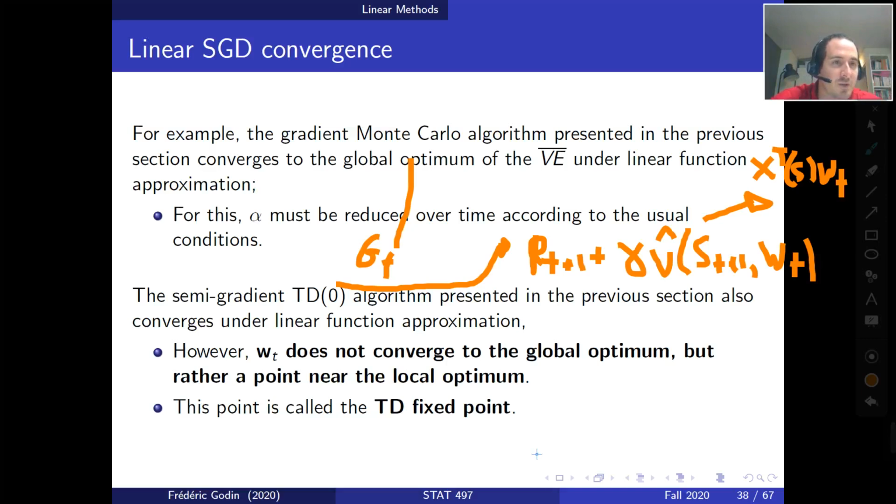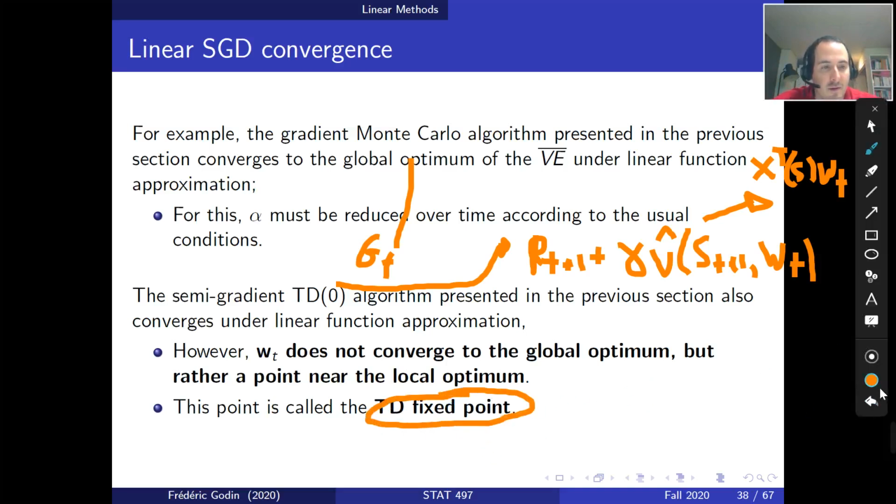Okay, so this is interesting. If we do TD0 with the linear approximation to approximate the value function, and with a semi-gradient descent approach, our parameters will converge not to the global optimum of the value function, but to a point near it. That point we call the TD, or temporal difference, fixed point.